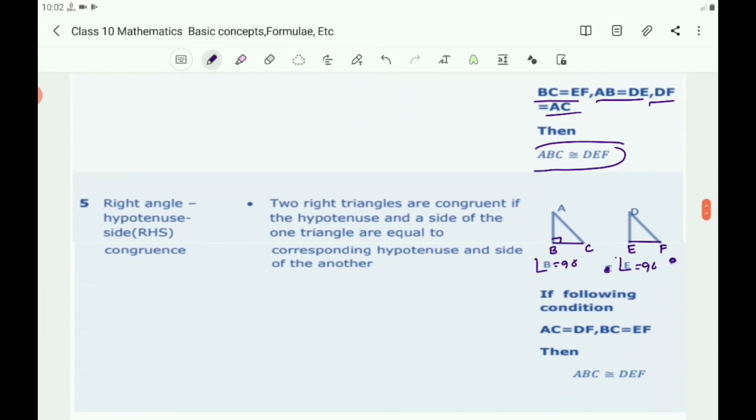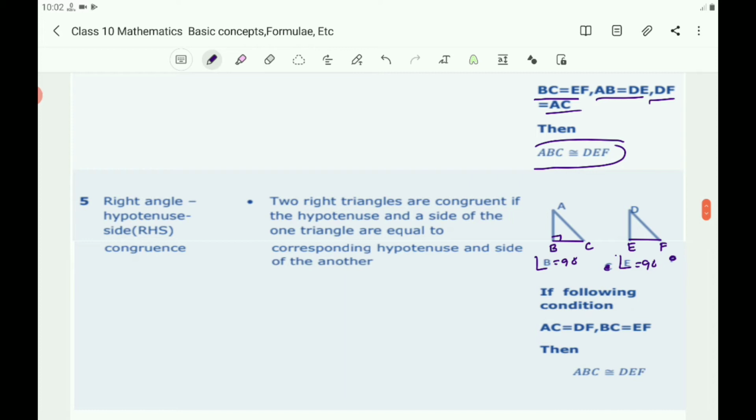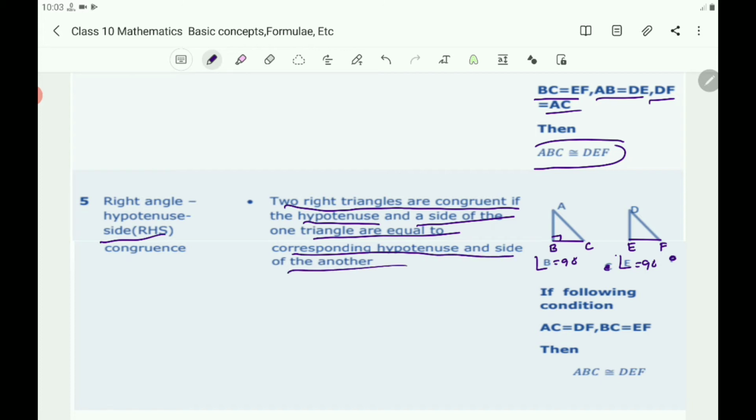Next let us take the RHS congruence rule, that is right angle hypotenuse side. Two right triangles are congruent if the hypotenuse and a side of one triangle are equal to the corresponding hypotenuse and side of the other. First, they are right angle triangles. Here angle B is a right angle, angle E is a right angle.